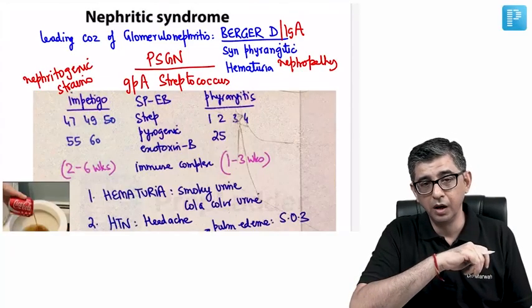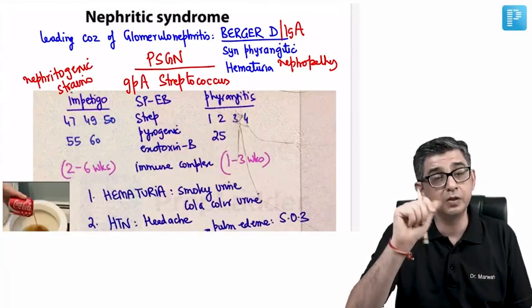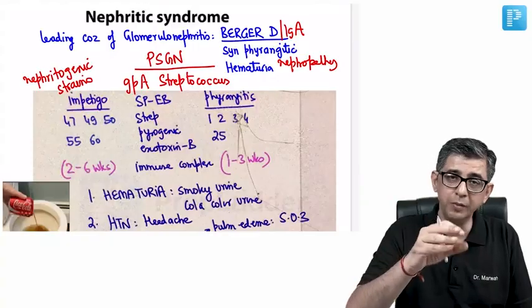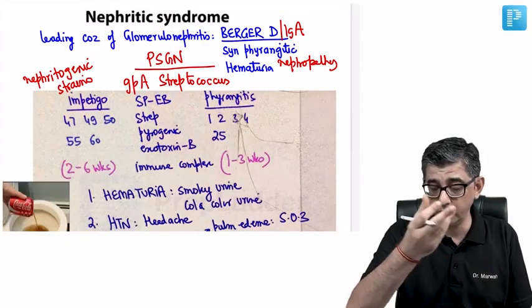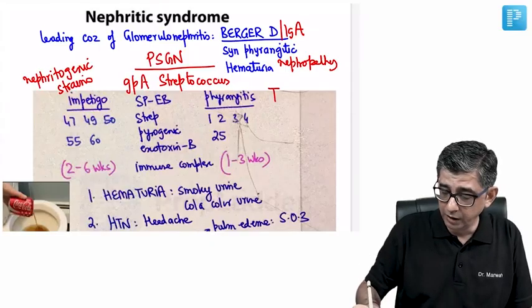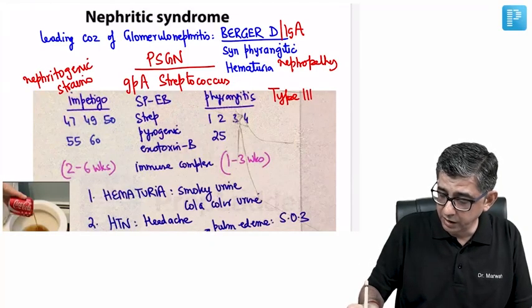Now, what is present on the surface of this bacteria which results in production of antibodies and then immune complexes? Because I told you, PSGN is an example of type 3 hypersensitivity reaction.